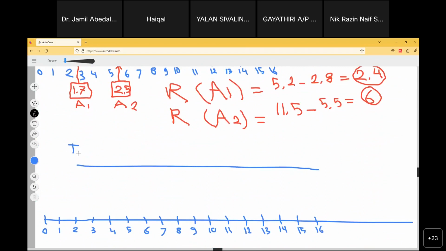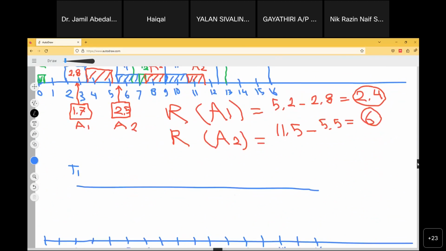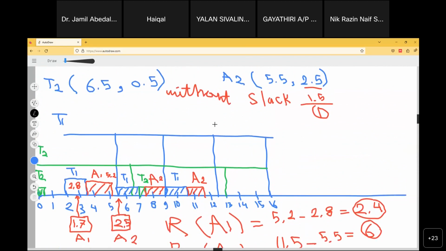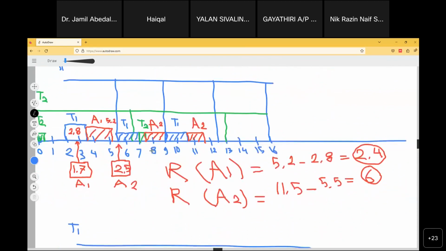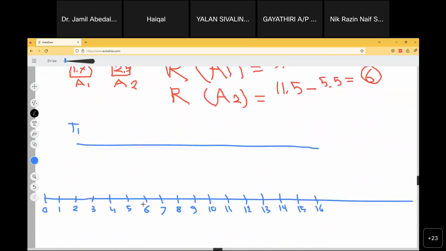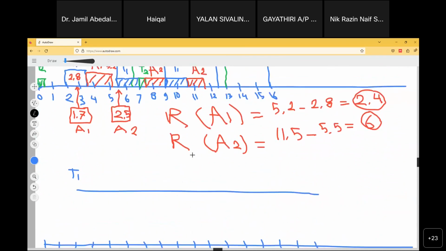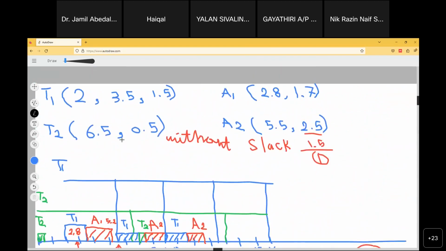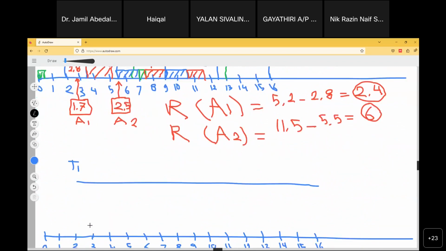Task 1, the period is 3.5. The period 3.5, we count from 2.